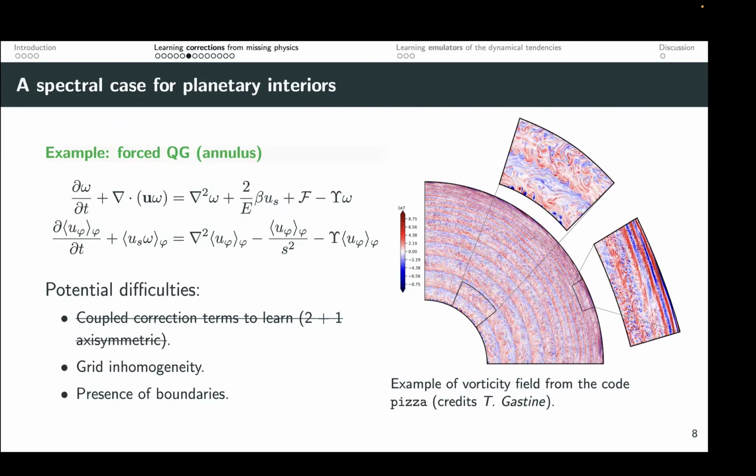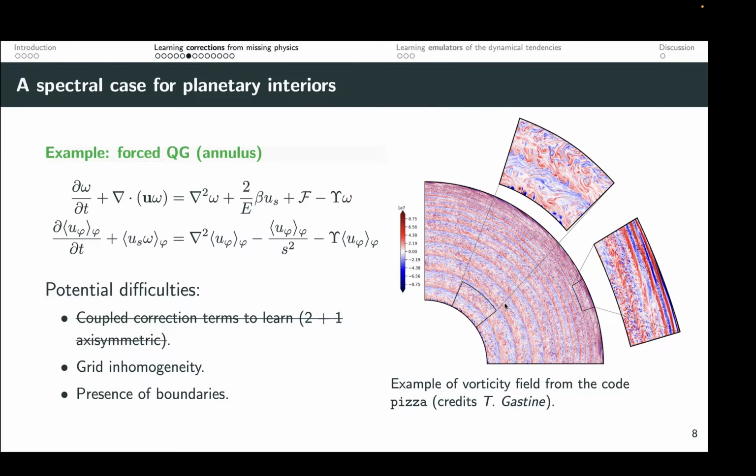Okay, so it's an example from a different field, but I think it translates also to climate science. In this model, we're looking at planetary interiors. So it's the interior of the Earth, and you have a fluid that's also in movement. Basically, the equations are the same, but the domain is spherical, and also you have rigid boundaries at the outer and inner edges of the core.